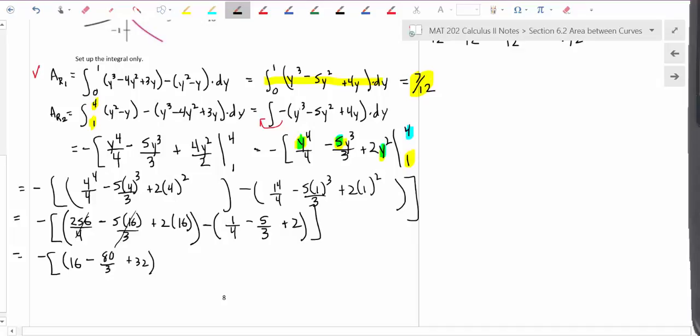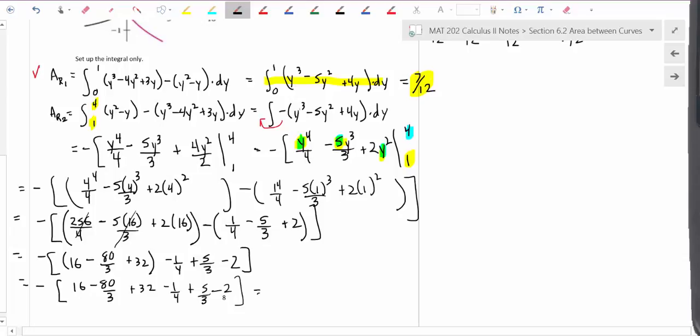And then over here I'm going to distribute the negative to get minus 1/4 plus 5/3 minus 2. So I've got a negative 16 minus 80/3 plus 32 minus 1/4 plus 5/3 minus 2.